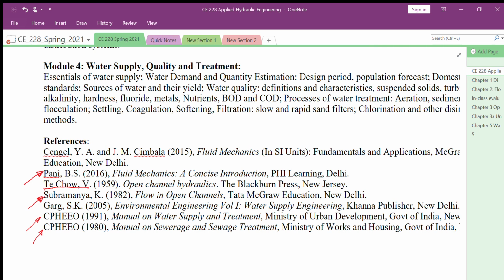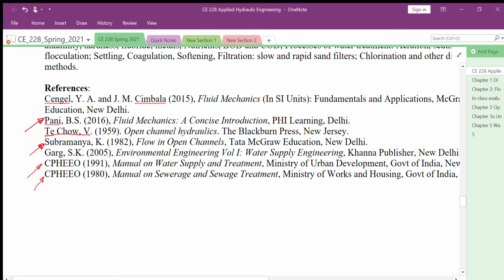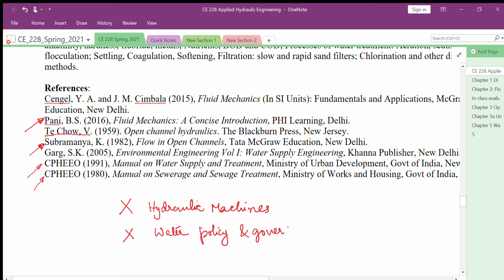What we will not be covering, some of the topics that I wish we could have covered but will not be covering: we'll not be covering hydraulic machines, the detailed workings of machines such as pumps, turbines, and so on. Water policy and governance we will not be covering either.